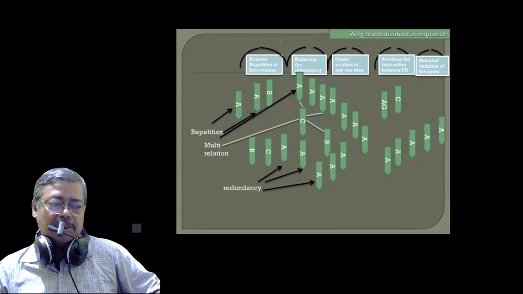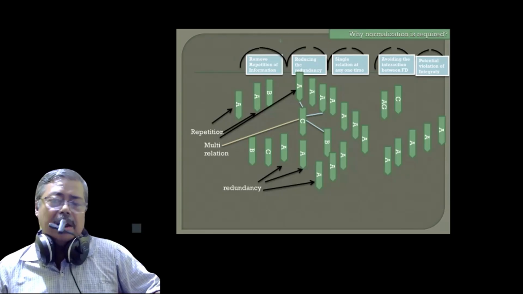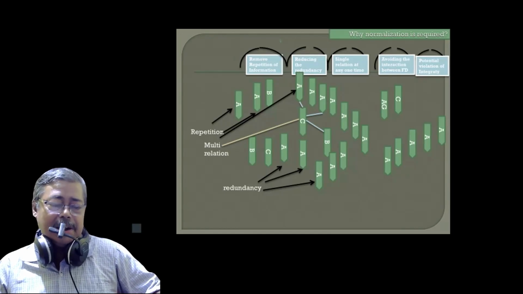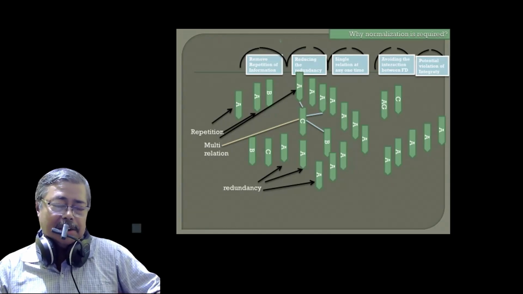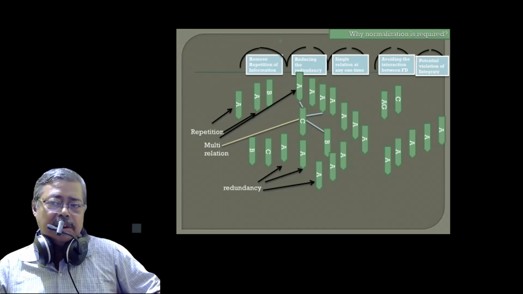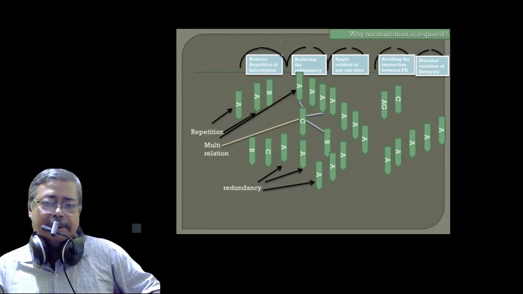Composite relationships make the information wrong. Avoid interaction between FDs. Functional dependency will be simple. No composite functional dependency will be there in this normalization form. Potential violation of integrity: it is not a dependency, but it is going to form a dependency.